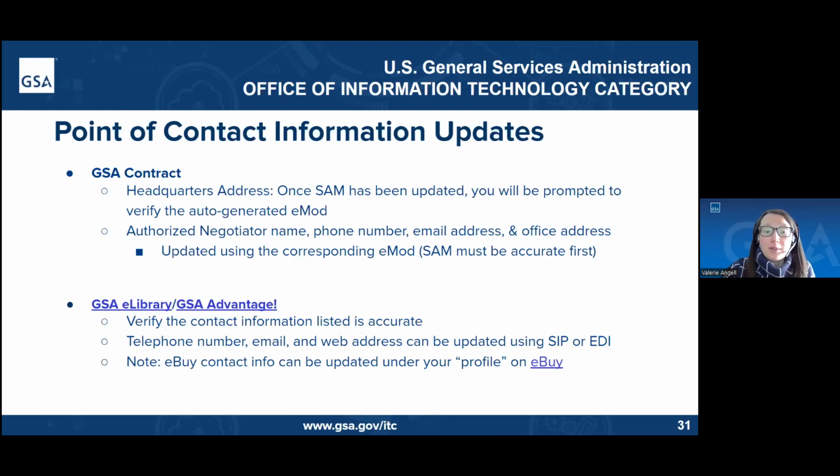If the telephone number, email, address, and web address need to be changed, that can be updated using the SIP program or EDI, depending on what you use to load your file onto eLibrary or Advantage. And GSA eBuy contact info can be updated under your profile on eBuy. So you can update your eBuy information under your profile. Next slide.